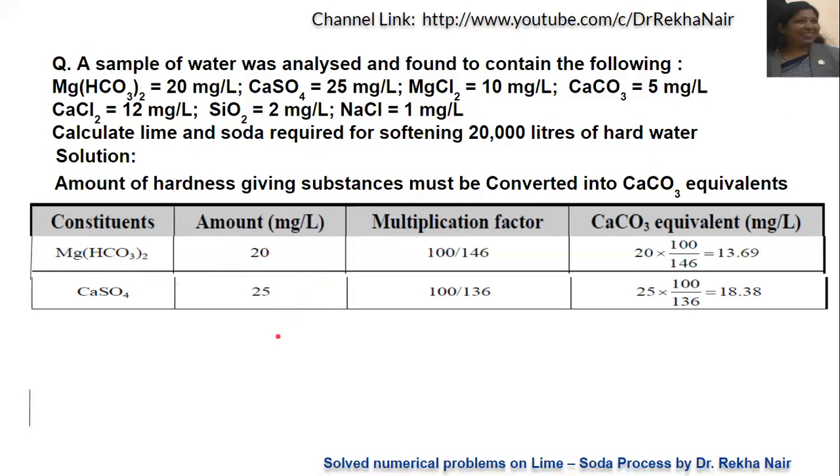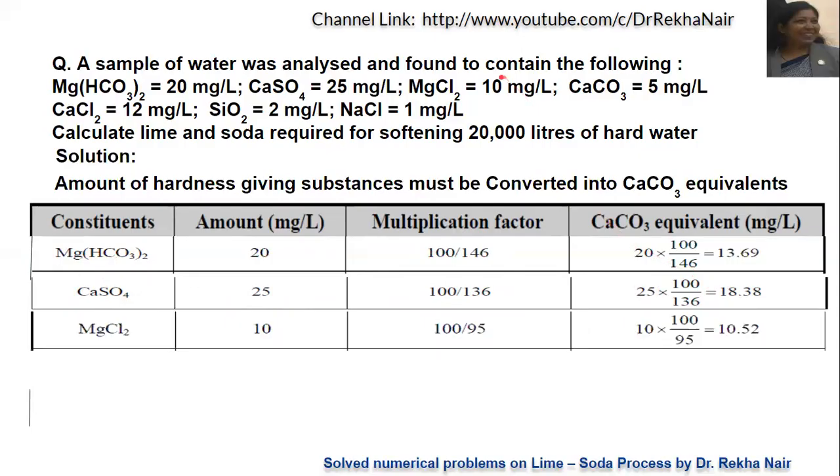Similarly, we can calculate for calcium sulfate. It is given that it is 25 milligram per liter. The multiplication factor is, again, calcium valency is 2, so it is 100 upon its molecular weight, which is 136. And CaCO3 equivalent is amount multiplied by its multiplication factor.